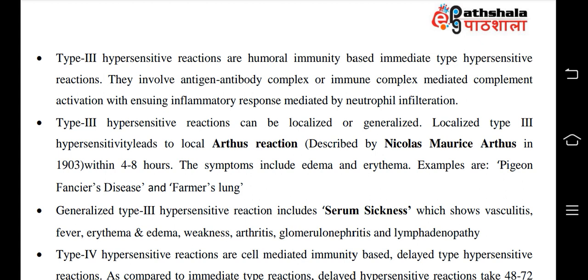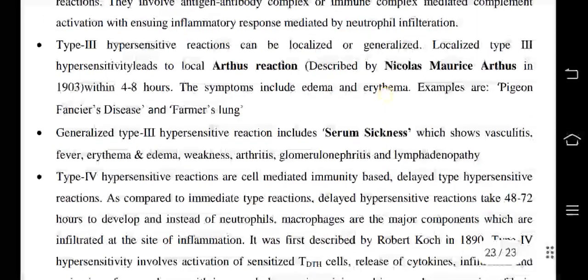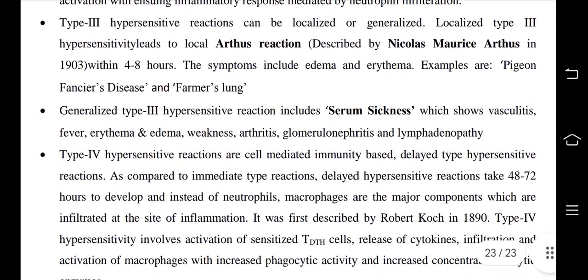Localized type 3 hypersensitivity leads to local Arthus reaction, described by Nicholas Arthus in 1903, within 4 to 8 hours. The symptoms include edema and erythema. Examples are pigeon fancier's disease and farmer's lung. Generalized type 3 hypersensitive reactions include serum sickness, which shows vasculitis, fever, erythema and edema, weakness, arthritis, glomerulonephritis and lymphadenopathy.